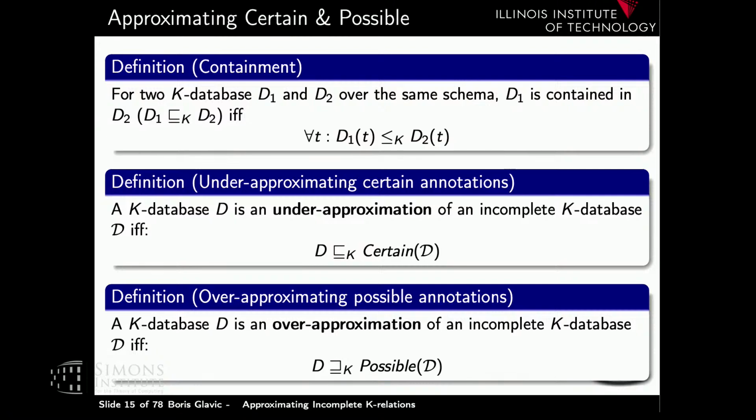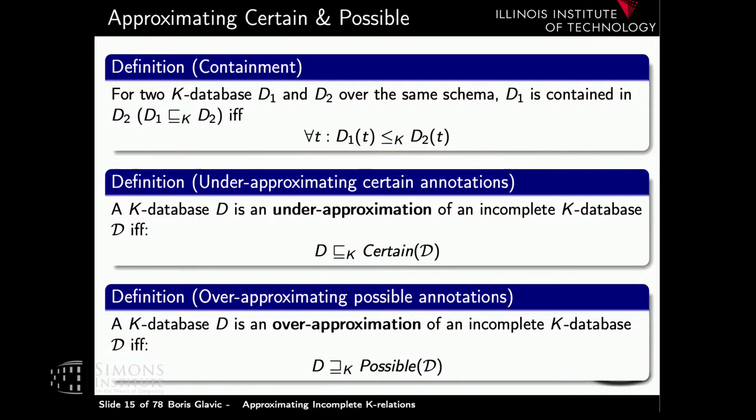So that means now I can define an under-approximation based on that. I'm just saying some K-database D, not an incomplete one, just a deterministic one, is an under-approximation if it is contained in the certain answers, so the certain answers are a superset, so to say, of this database. And I can also do this with over-approximating possible, just the other way around.